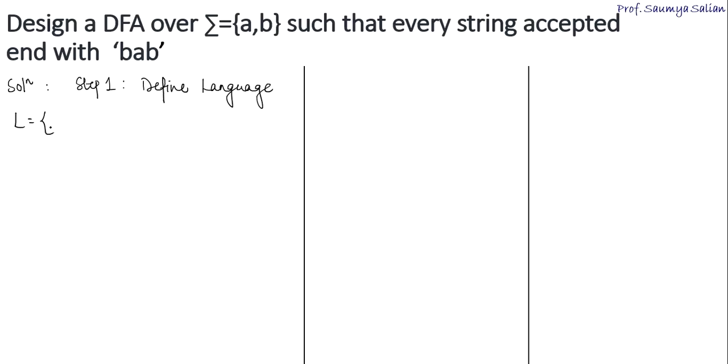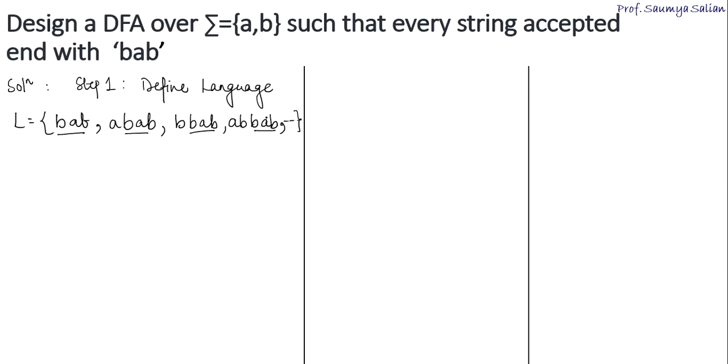We begin with the smallest possible valid string. So here BAB is the smallest string possible. Next, I can have ABAB, or BBAB, or ABBAB, and so on. So the language will contain all the strings that end with BAB.